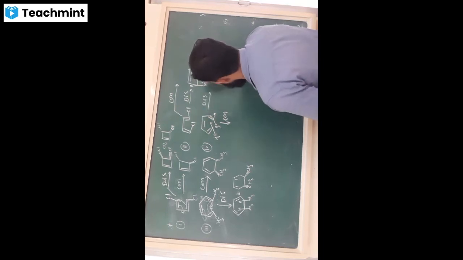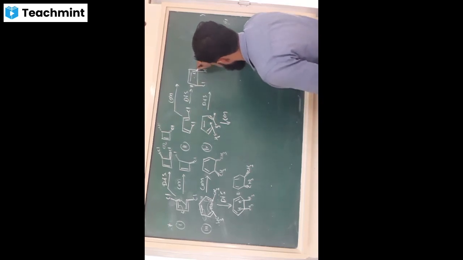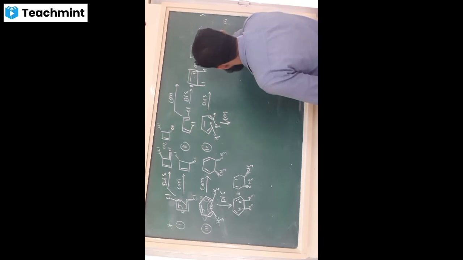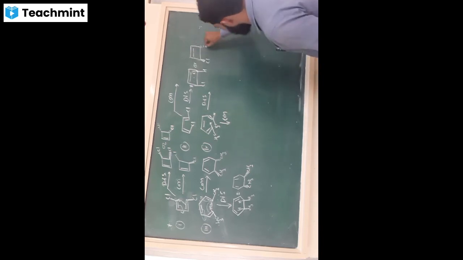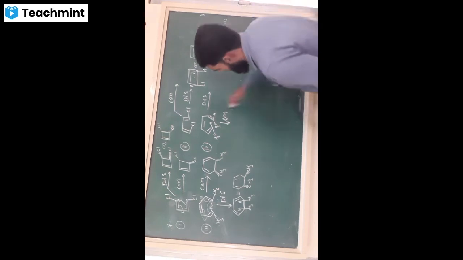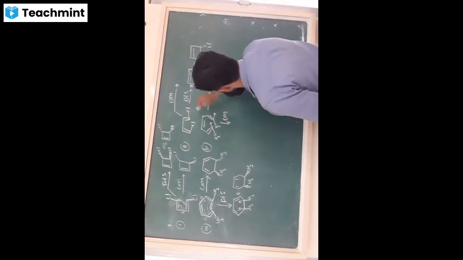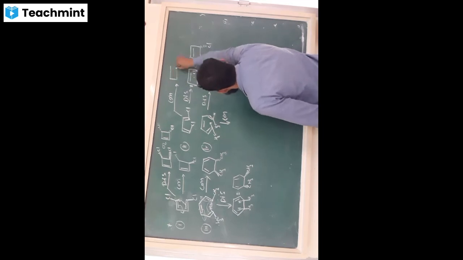In disrotation they will appear on the opposite side. Or we can also write this as a cyclobutane, and here one chlorine is on the front side, another chlorine is on the back side. Why? Because at the termini this chlorine and this chlorine both are on the same side, right hand side. Here one chlorine is on back.